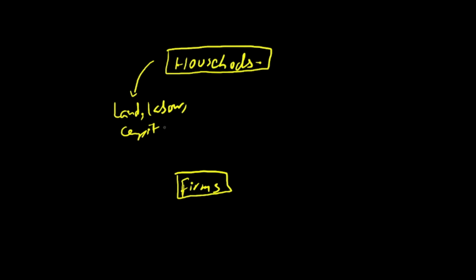Households will provide this land, labor, capital to the firms, and firms will produce goods and services, and these goods and services will be sold to the households. So this is anti-clockwise movement, where resources, that is factors of production, land, labor, capital, and goods and services move anti-clockwise.